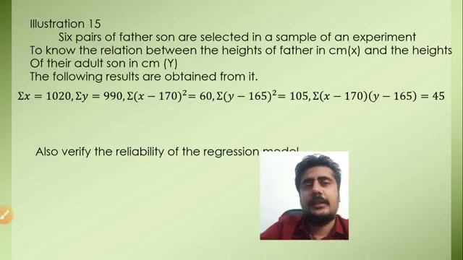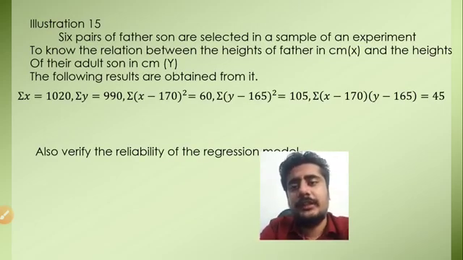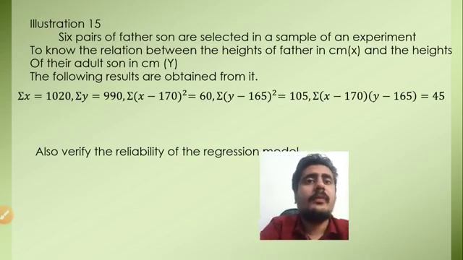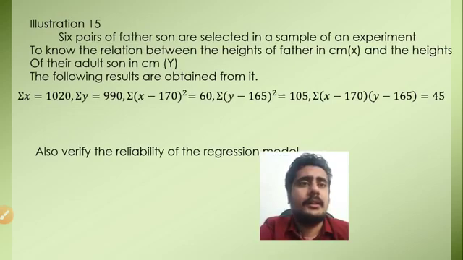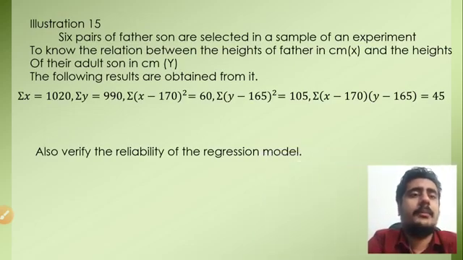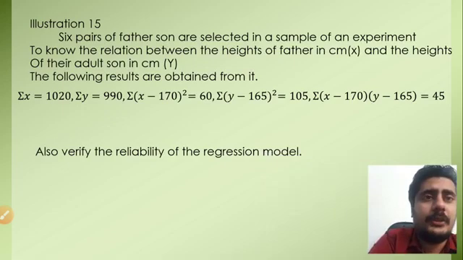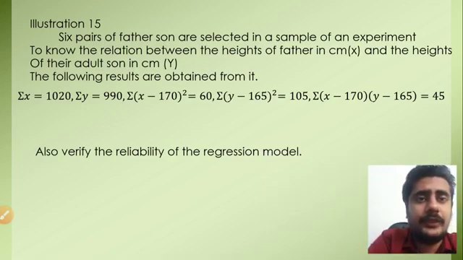Okay, now we'll start illustration number 15. 6 pairs of father and son are selected in a sample of an experiment, to know the relation between the height of fathers and the height of their adult sons. The following results are obtained.